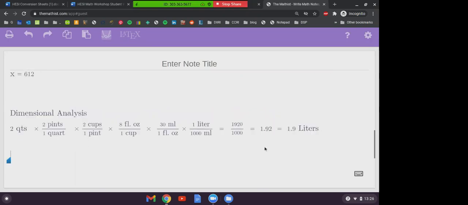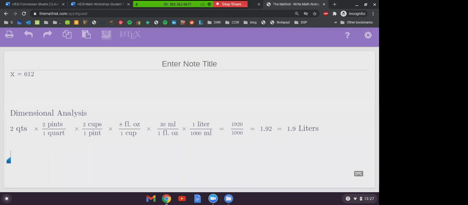Again, with dimensional analysis, you multiply by your conversion factors, so memorize them all. The good thing about this is you don't have to think about whether to multiply or divide, because the way it's set up makes that decision for you.